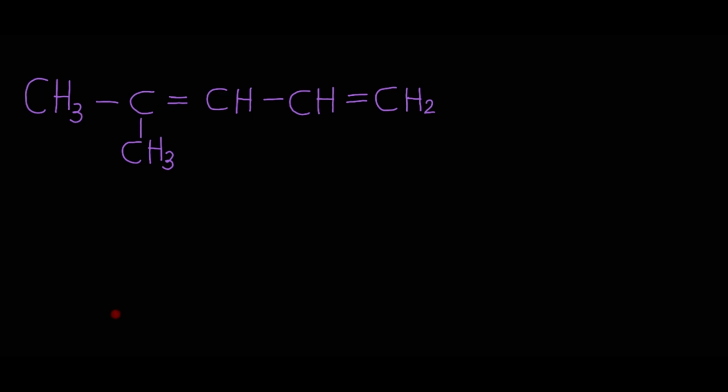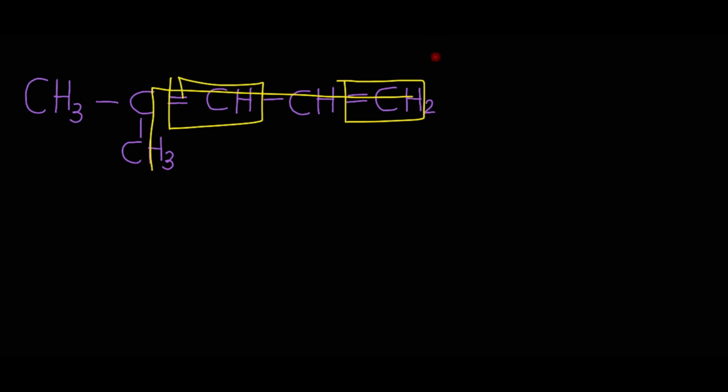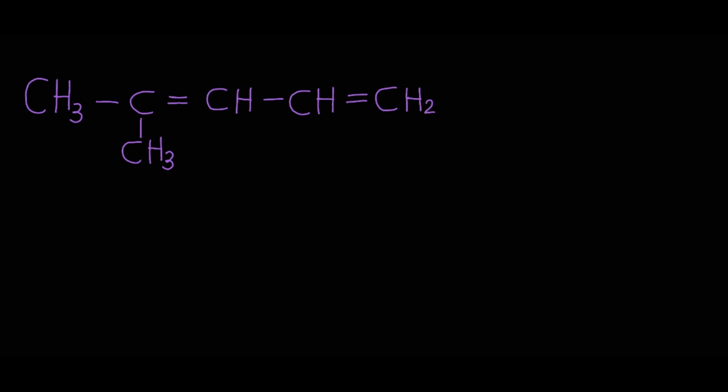If you take this direction going downwards, you will realize that this is 1 and this is 3. So actually this direction also gives us 1 and 3. So now let's see which one is correct. If we go in this direction we get 2 and 4, but if we go in this direction we get 1 and 3.